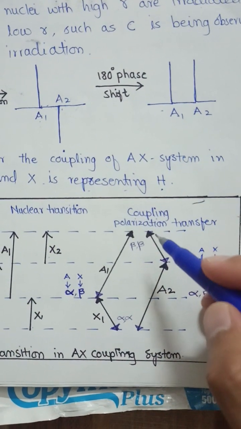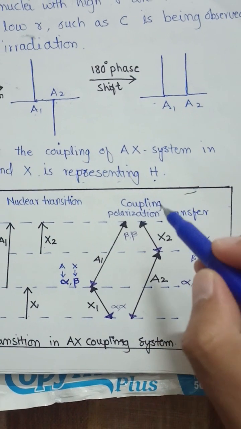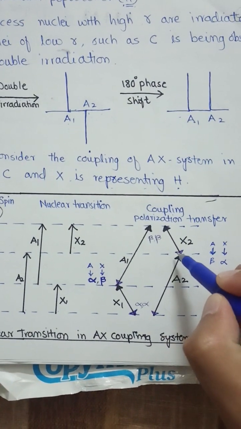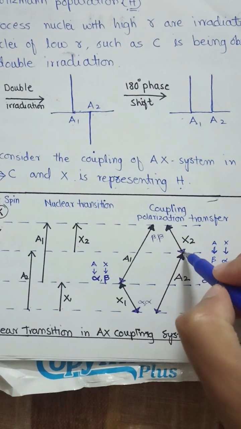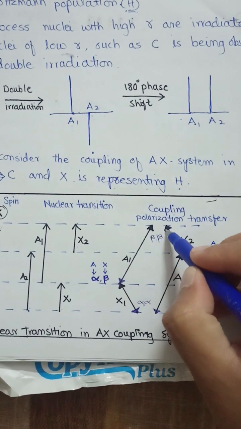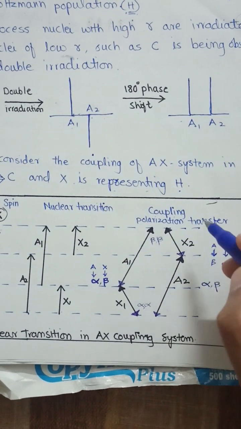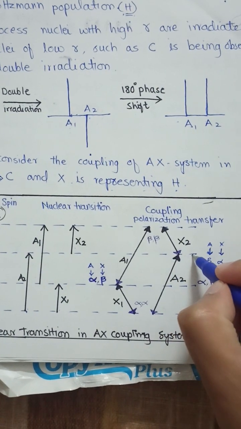So during irradiation, when radio frequency is applied, if the proton at the third energy level excites from the alpha spin state to the beta spin state, the population at this energy level 3 will be decreased.